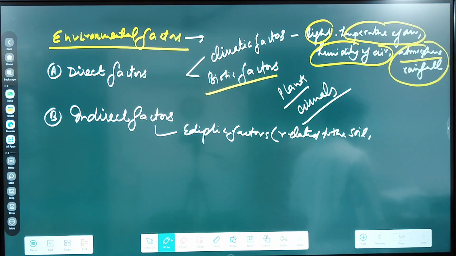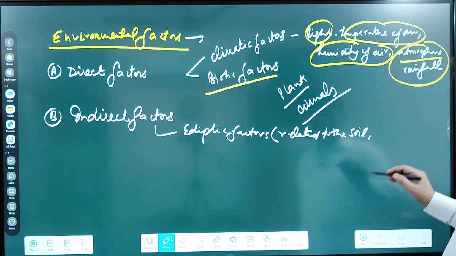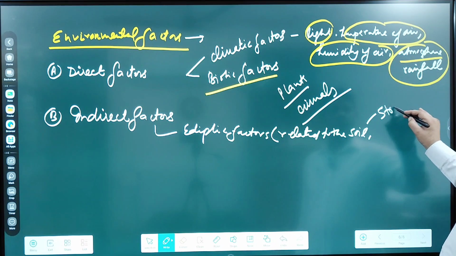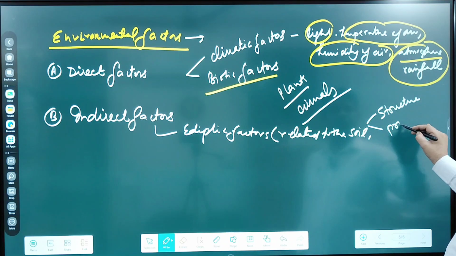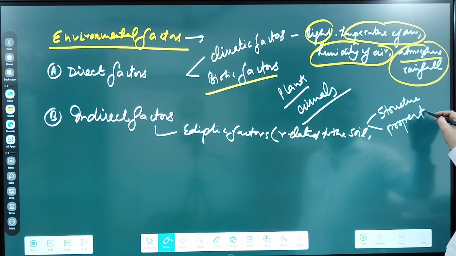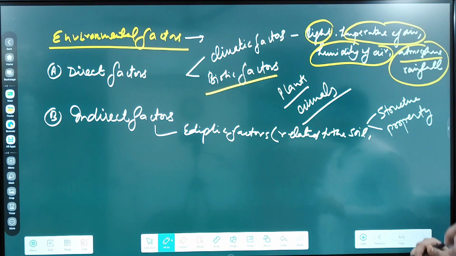Okay. For example, soil, it means structure, property. Second is the physiographic factor.